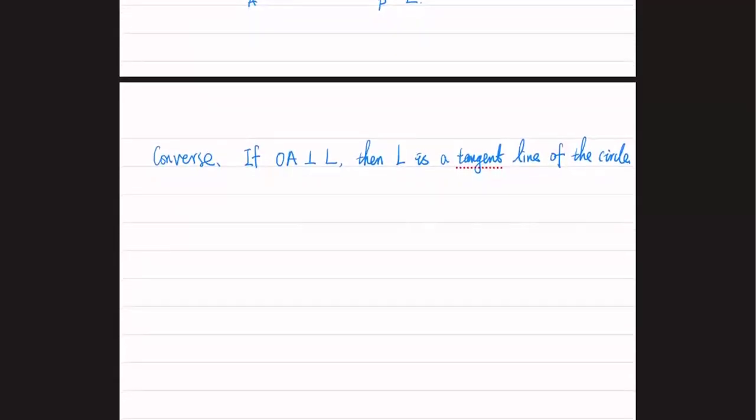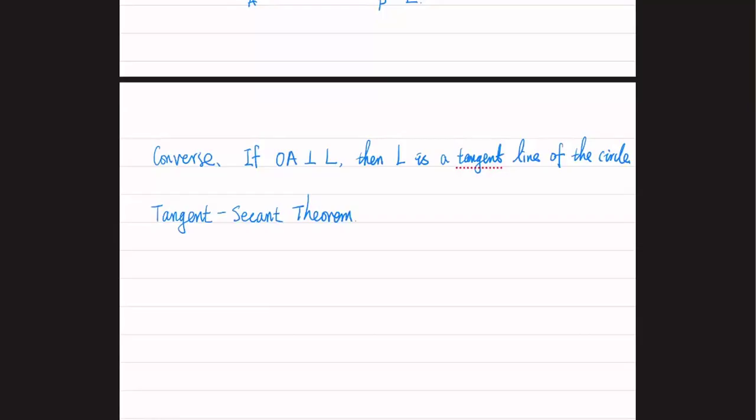Okay, let's try another one. Tangent secant theorem. Let's check with Peter.